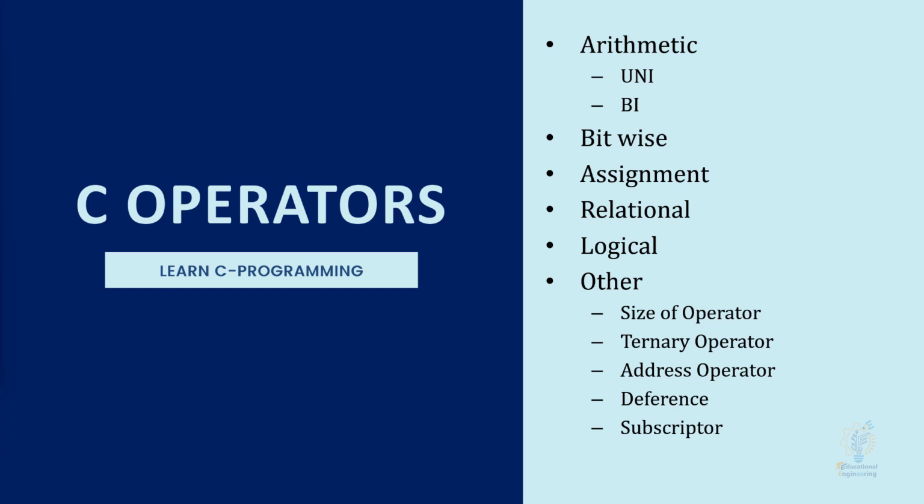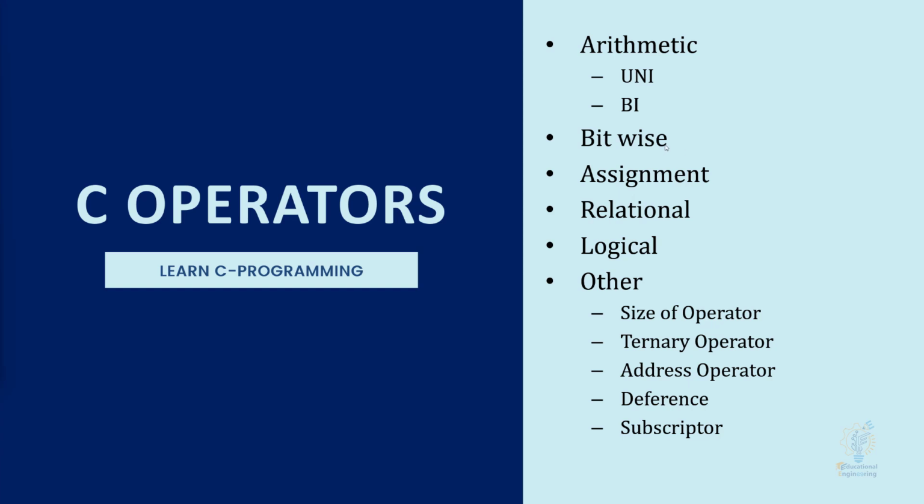We have different types of operators, and in this section, we will explain them one by one with an example, and we will try to make sure that you understand each and every one of them with a use case and a scenario. The first one is the arithmetic operators. There are two types of them, the unary and binary, and we will explain them in a minute.